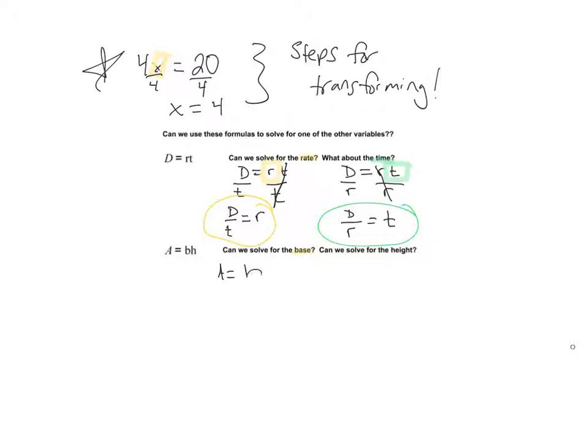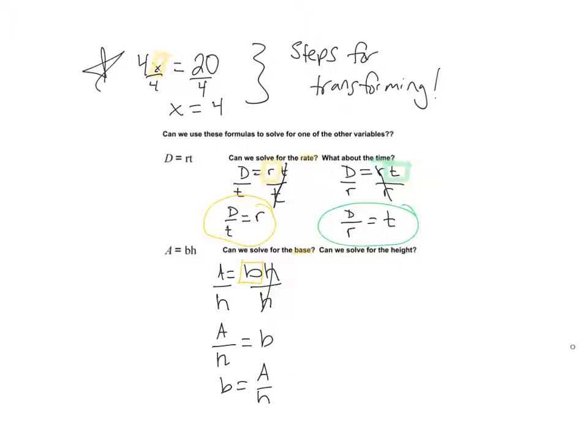I know that A is equal to base times height, B times H. I want to solve for B. So how am I going to get the B by itself? Easy enough. We're going to isolate it by dividing it by H. The H's cancel out. We'll divide by H. And here's what we're left with. Area divided by height is equal to base, or base equals area over height.